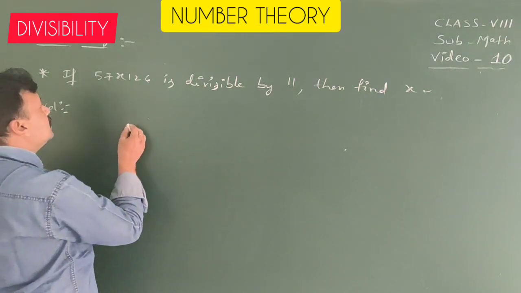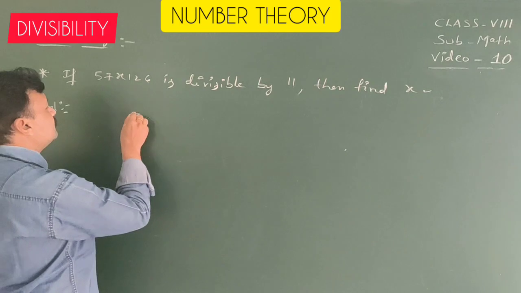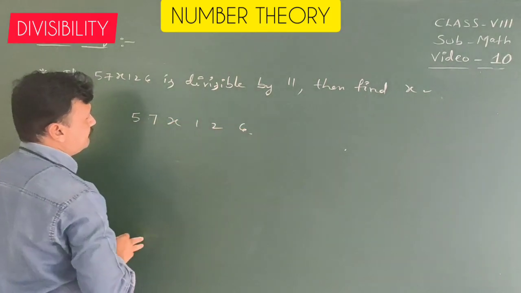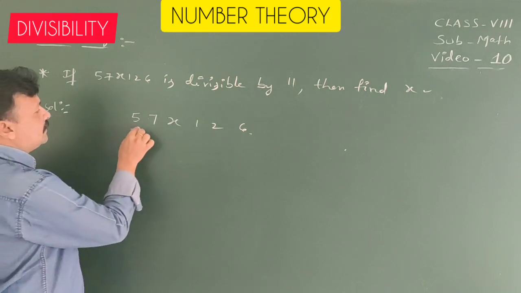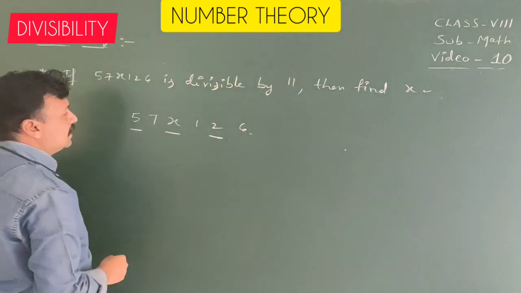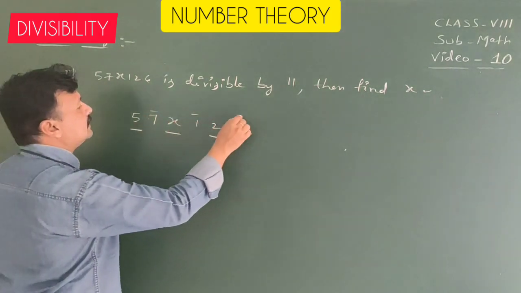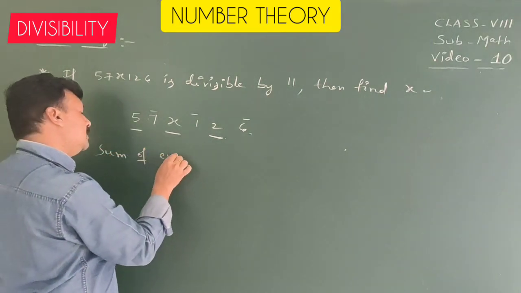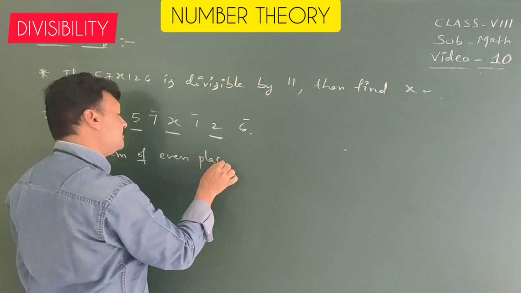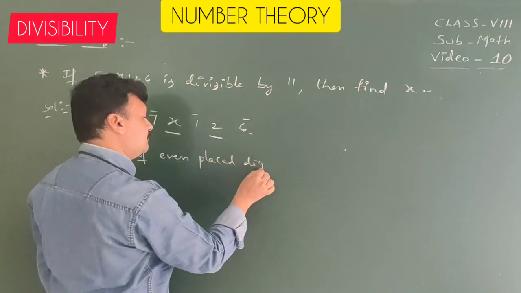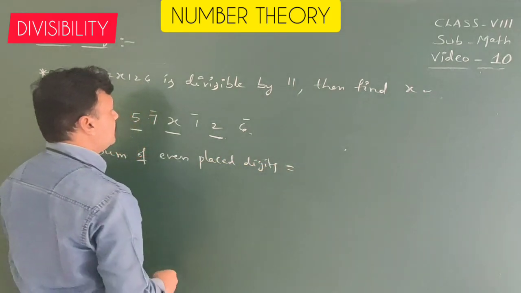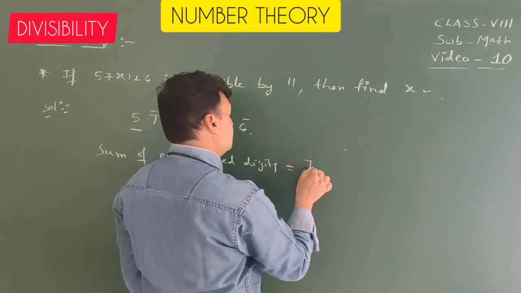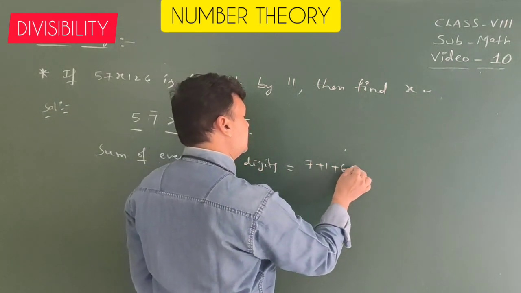Now for 5, 7, x, 1, 2, 6, the sum of the even place digits is 7 plus 1 plus 6, that is 14.